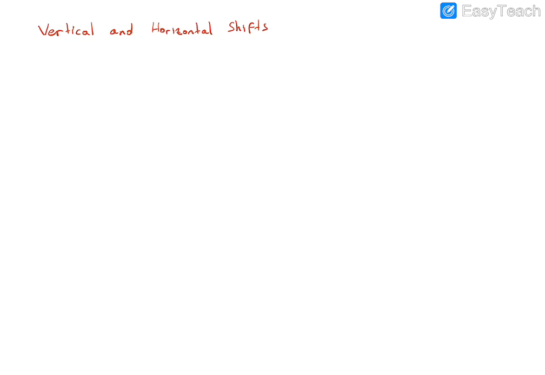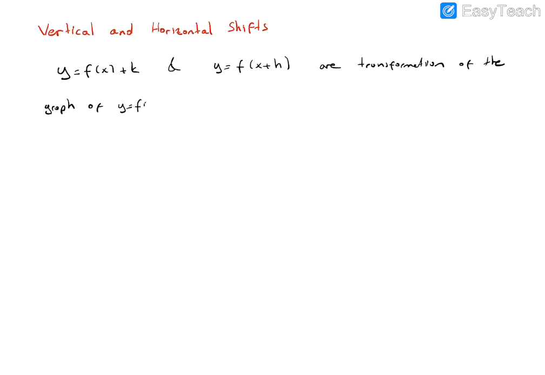For example, the graphs of y equals f of x plus q and y equals f of x plus h are transformations of the graph of y equals f of x.